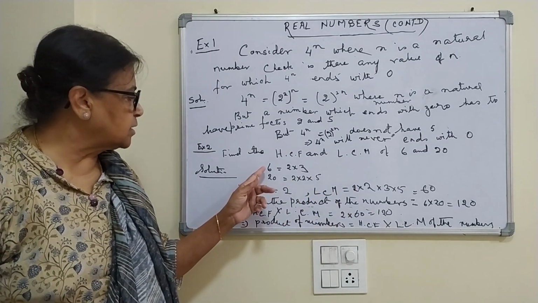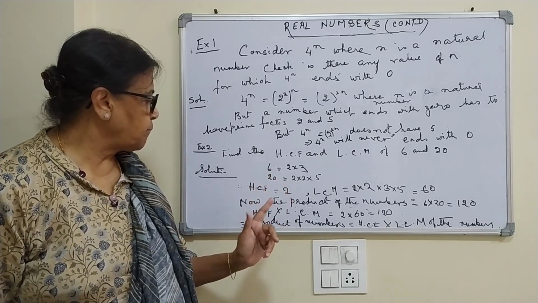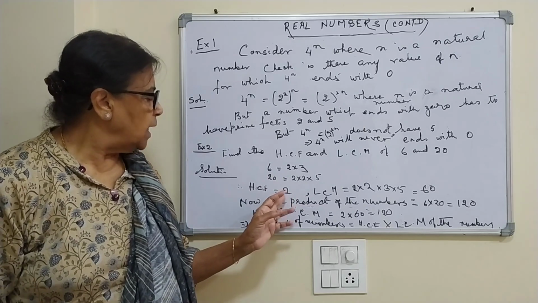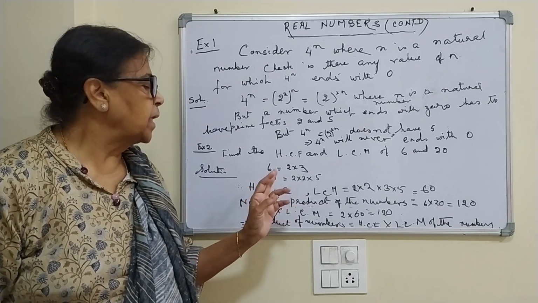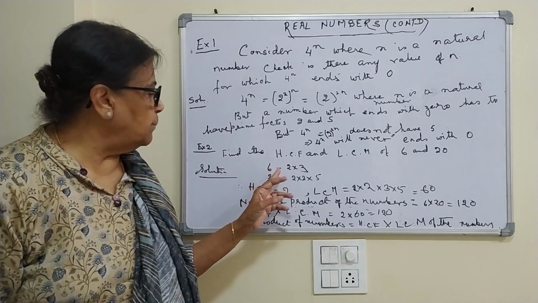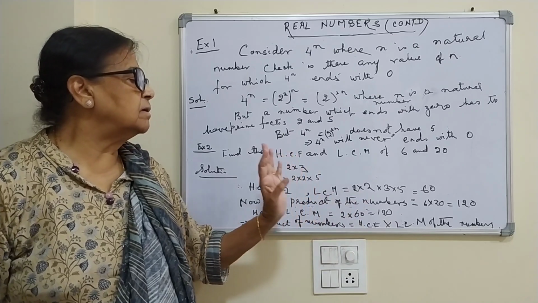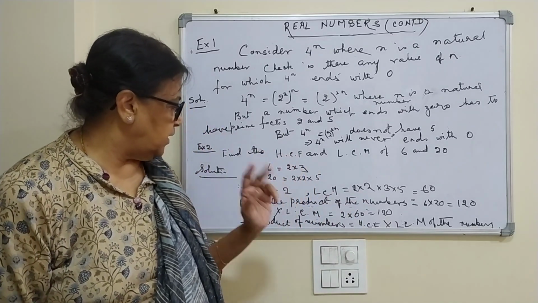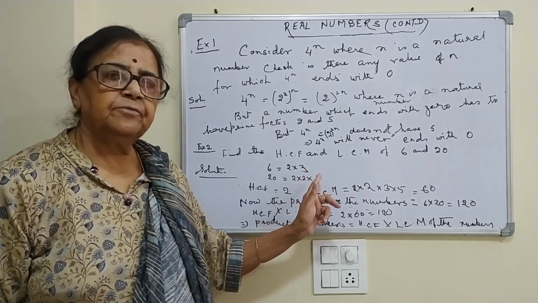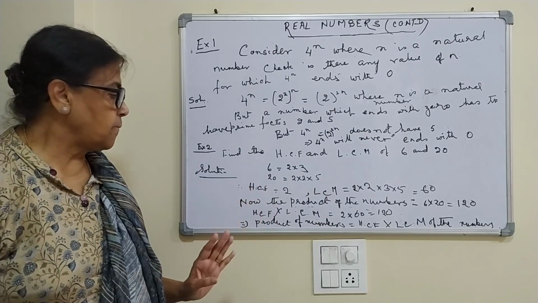Which is the common factor out of these two? The common factor is only 2 here. That common factor, the highest common factor, is 2. That is the HCF. And for the LCM, first we take the common factor, then the factors which are left. Then 2 is left here, 3 is left and 5 is left. So in total it is 60.